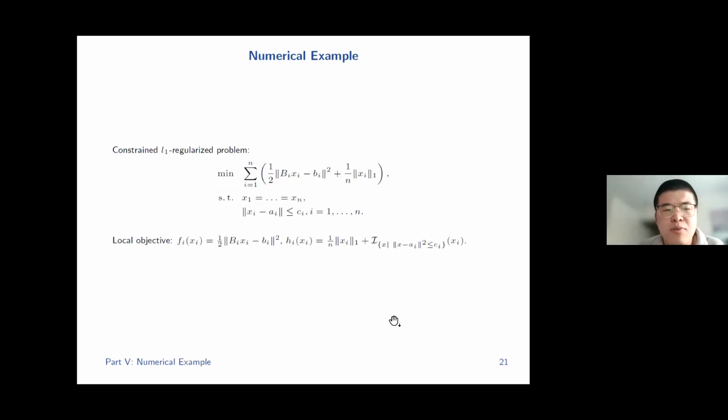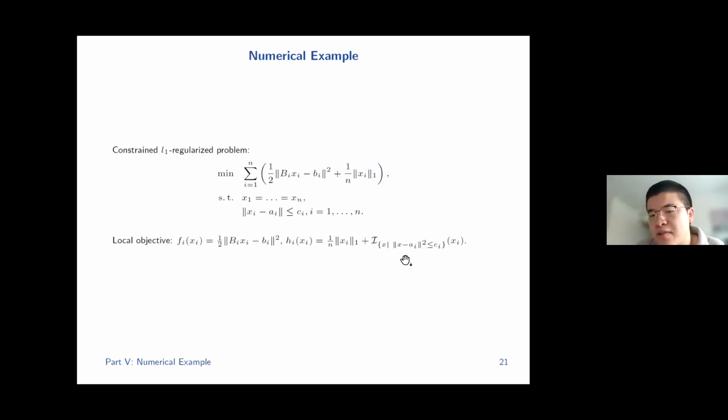To test the practical performance of the proposed algorithm, we consider a constrained L1 norm regularized problem, which is shown here. For this example, each Fi(x) is a quadratic term, and each Hi(x) is an L1 norm term plus an indicator function.